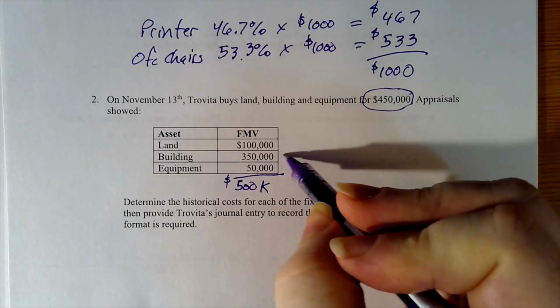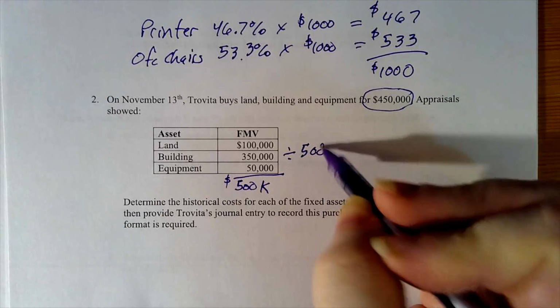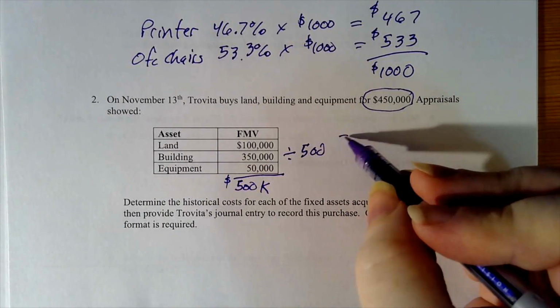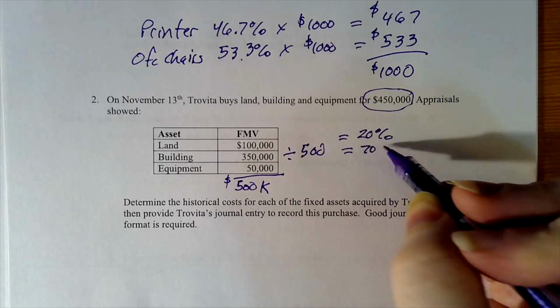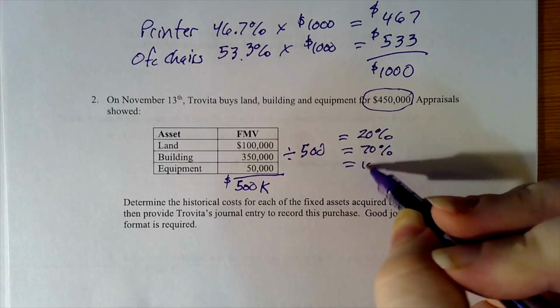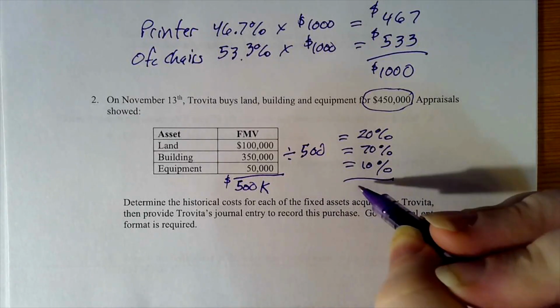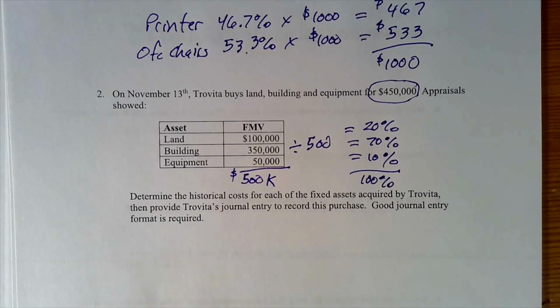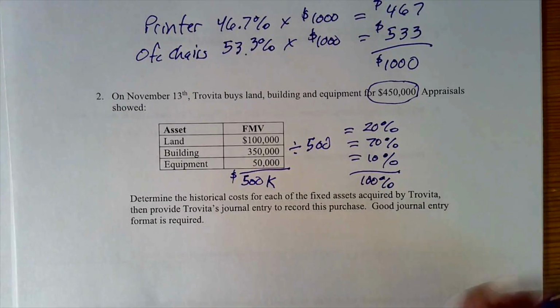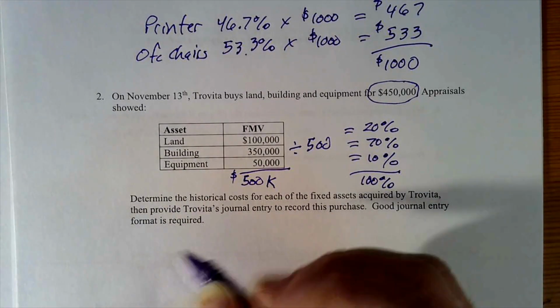So if I just divide each of these by 500, well, this one is going to be 20%. This one's going to be 70%. And this is going to be 10%. And you notice it is important that they do equal 100%, right? It doesn't work if it doesn't equal 100%. So what would I do?